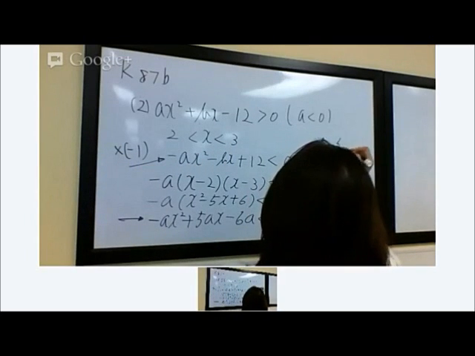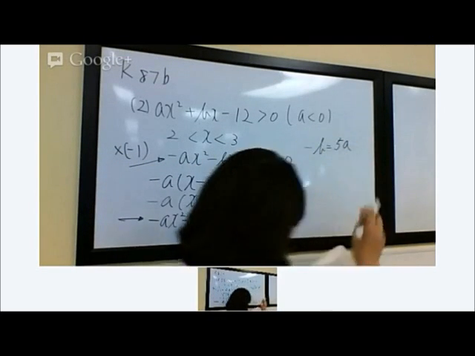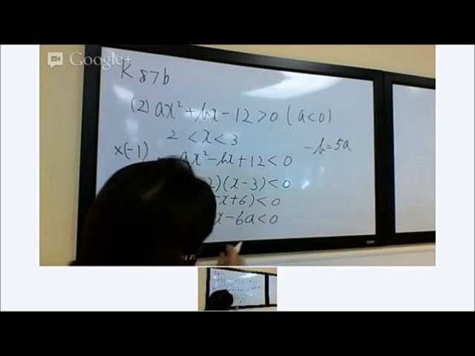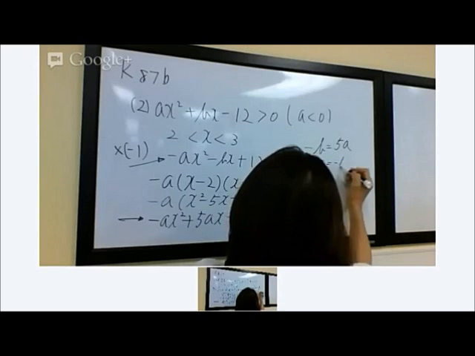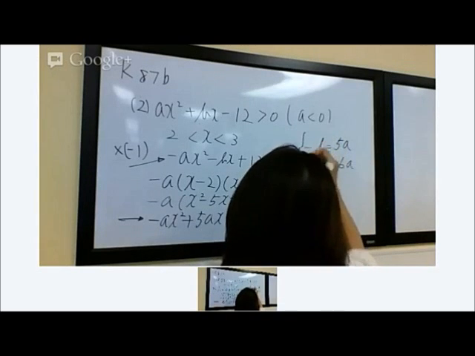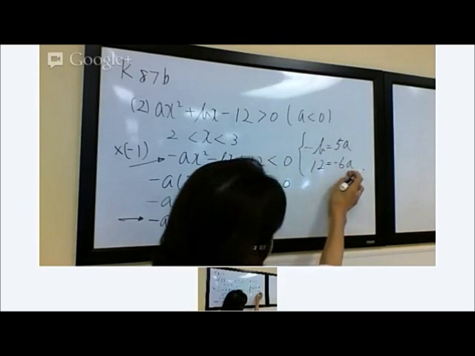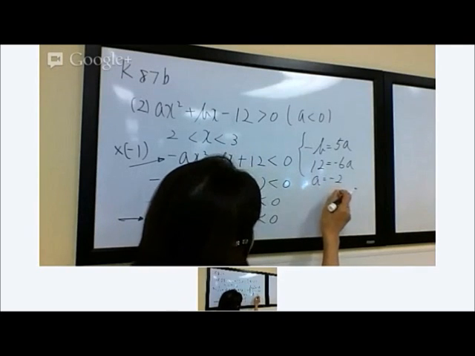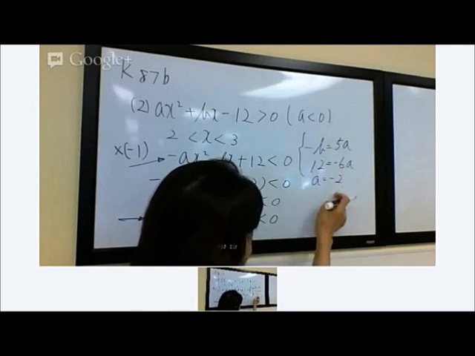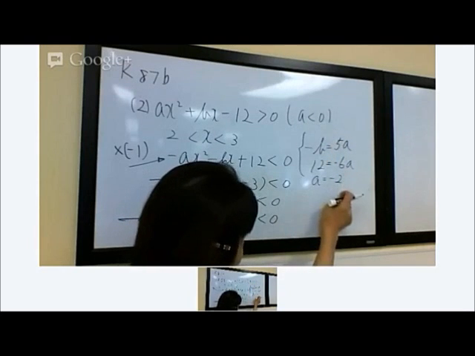Okay, got it. Then 12 equal 6a. So from here, a equal negative 2. Compare. This one, right, is satisfied with this, right? a equal negative 2. Yes.